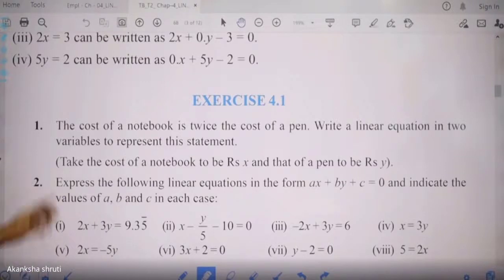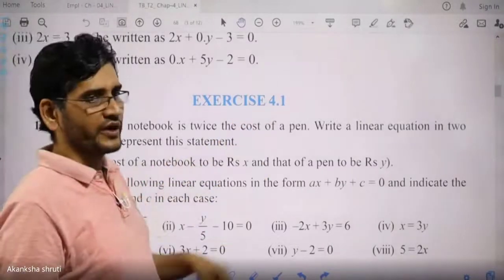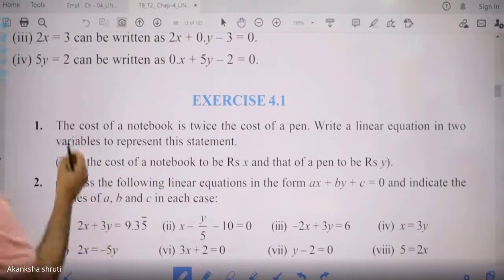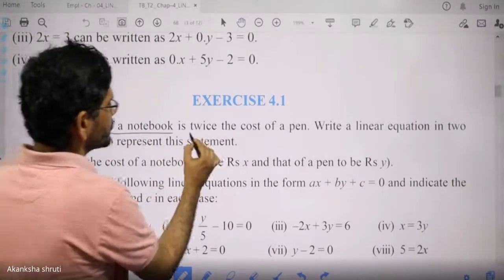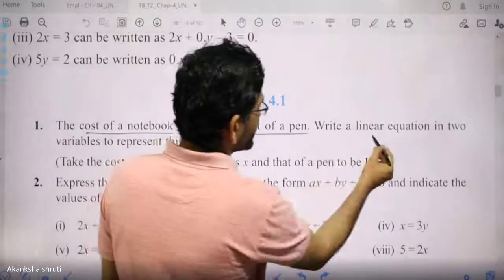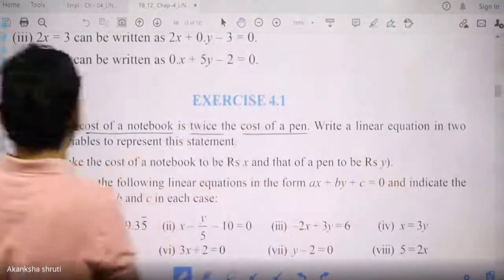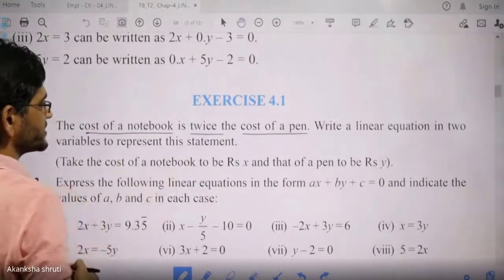Students, let us see question number 1 of exercise 4.1. Here, the cost of a notebook is twice the cost of a pen. Write the linear equation in two variables to represent this statement.